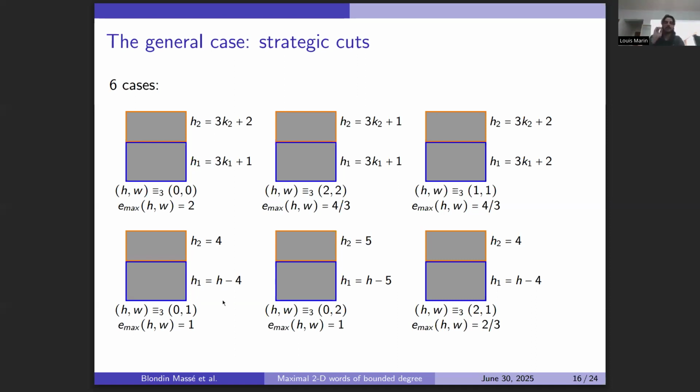With this configuration, with a height 4 and a height h minus 4, it would be possible. However, that is only possible when both of them are maximal. By maximal, I mean that when both of them are full, they're twofold. And what happens is that their borders cannot match. We need more lemmas to check, but basically that's the phenomenon that happens.